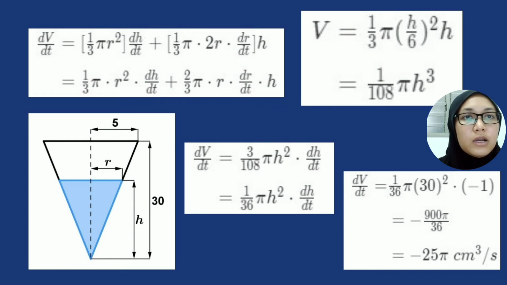So put the value for h, 30, squared, times dh over dt, which we know is -1. So put the -1, times -1. So equal to negative 900 pi over 36.